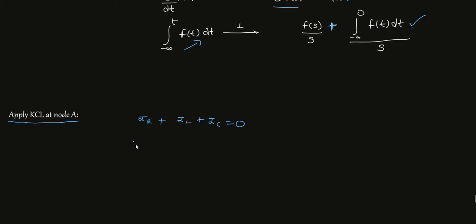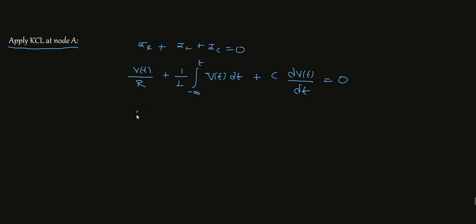I of R is V of t divided by R, plus the inductor current, that is 1 by L integration from minus infinity to t of V of t dt, plus the capacitor current, that is C into dV of t by dt. That will be equal to 0.